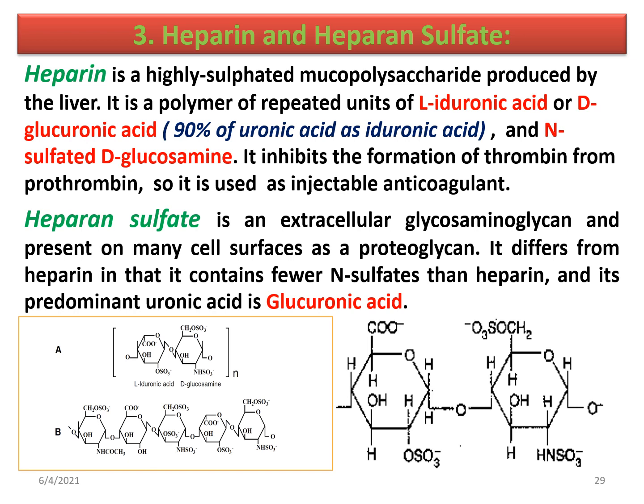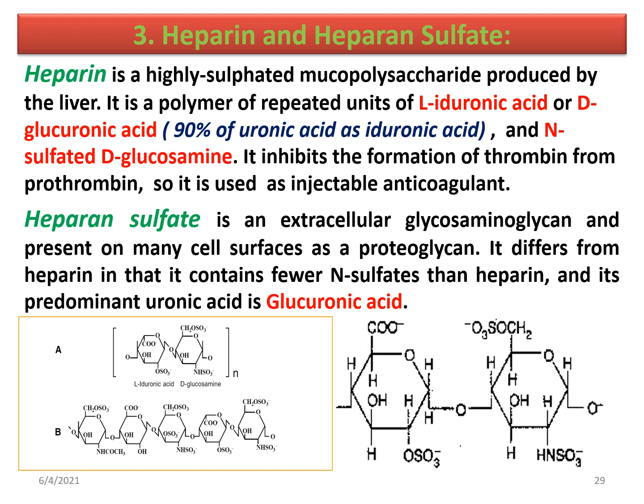Heparan sulfate is an extracellular glycosaminoglycan. It is present on many cell surfaces as a proteoglycan. What are the differences between heparan sulfate and heparin?